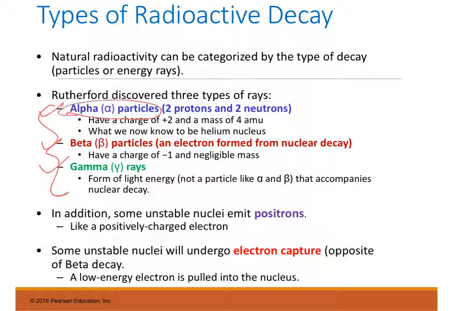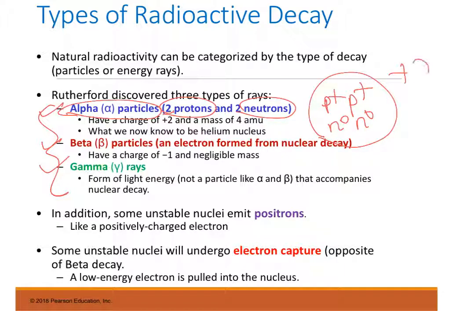An alpha particle is a particle emitted by some radioactive atoms. An alpha particle literally consists of 2 protons and 2 neutrons. So if you have 2 protons and 2 neutrons, the overall charge is going to be plus 2 because of the 2 protons, and a mass of 4 atomic mass units.